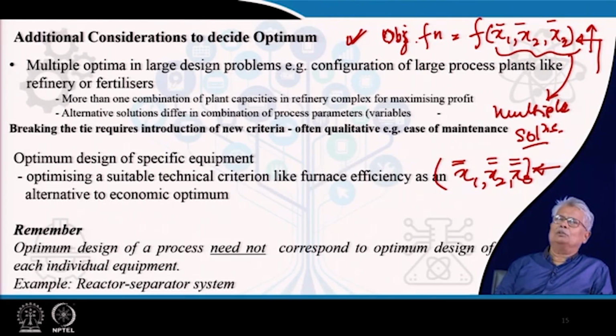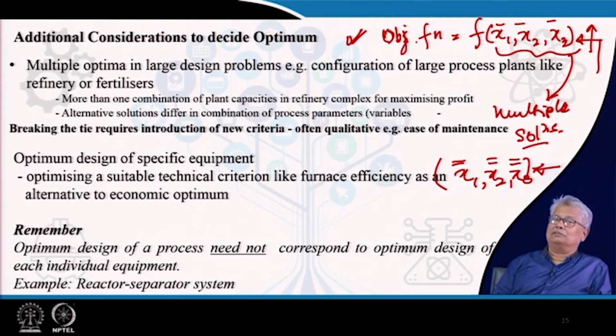We definitely have to look at the other case of optimum design of specific equipment. This I have already said, that is, efficiency of the furnace could be a parameter which could be an alternative to the economic optimum. And the lesson of what we have said so far in the last few minutes is, we have to remember that the optimum design of a process did not correspond to the optimum design of each individual equipment.